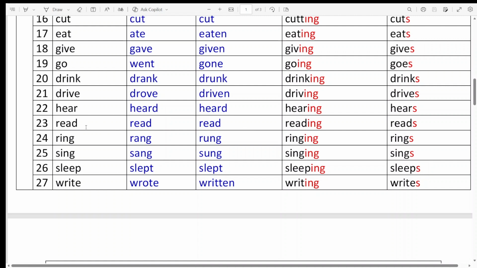V1 we read as reed. And V2, R-E-A-D, is read as red. That is the past form of V1. Then V3, like V2, is read as red. So read, read, read. Always remember this. And likewise, you see 27th number, write, wrote, written. This one too is an irregular verb.